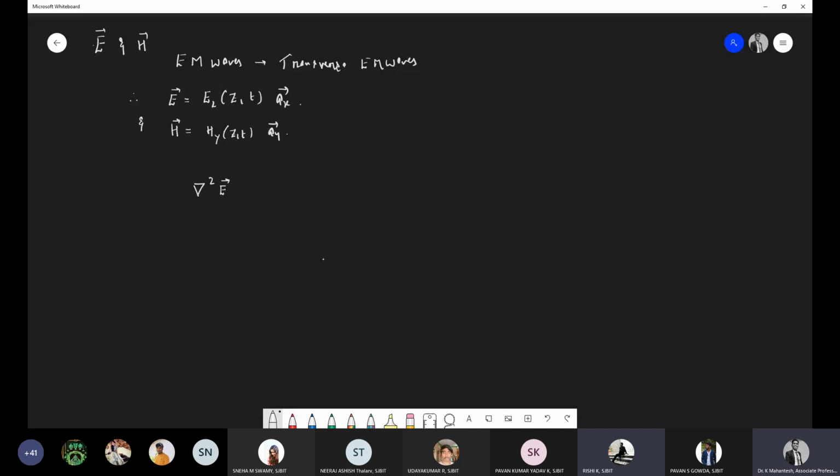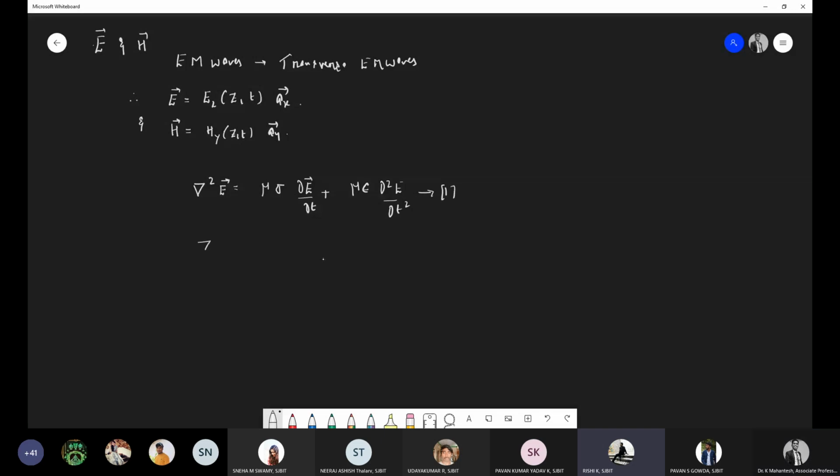Del square E is equal to mu sigma dou E by dou T plus mu epsilon dou square E by dou T square. Call this as equation 1.